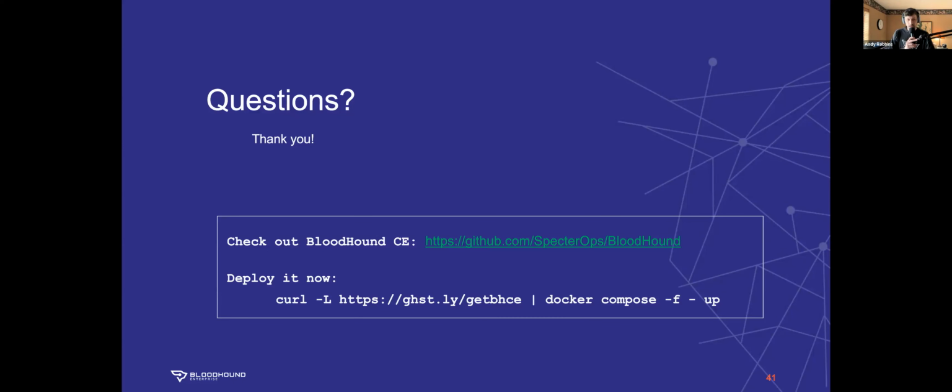This question says, any thoughts about integration with Crack Map Exec? So our intent with BloodHound is to have the API for BloodHound be as robust and as well documented as possible so that anything can integrate with BloodHound. Not only from being able to read information from BloodHound, but also with other tools being able to put data into BloodHound.